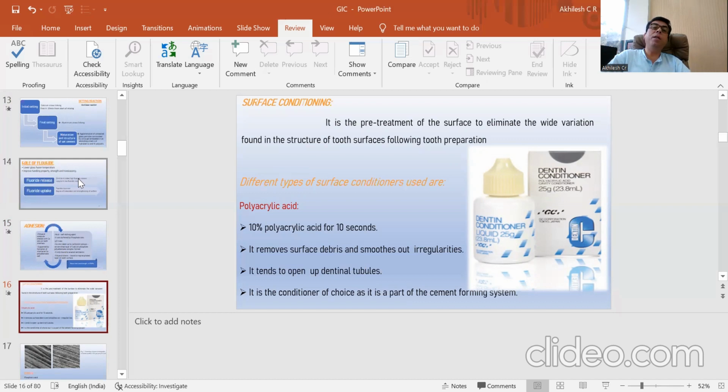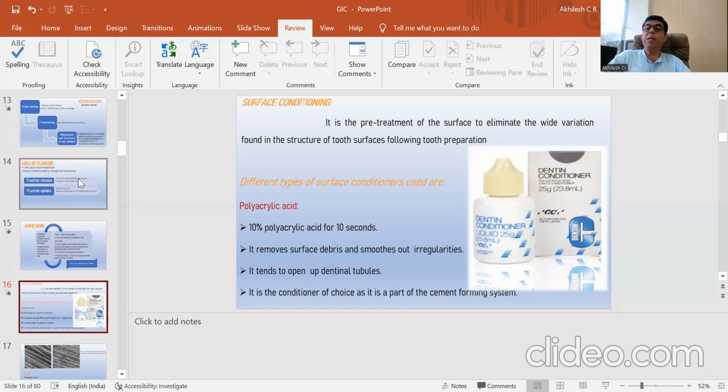You understand? Once again, I repeat, surface conditioning is the pre-treatment of the surface to eliminate the wide variations found in the structure of the tooth surfaces following the tooth preparation.